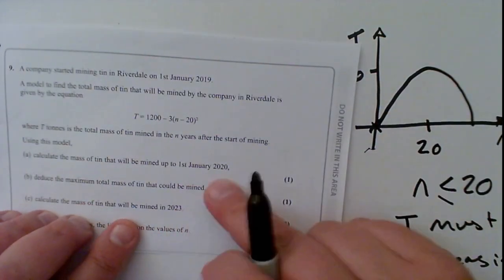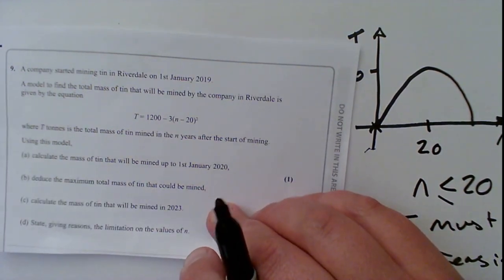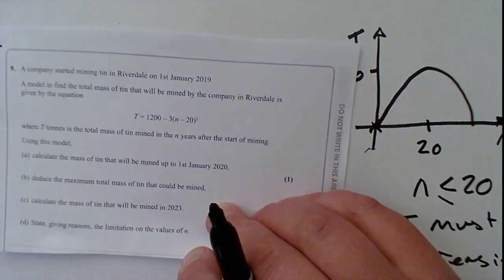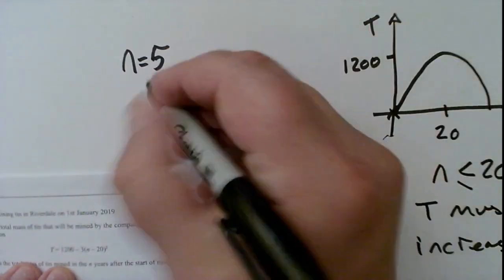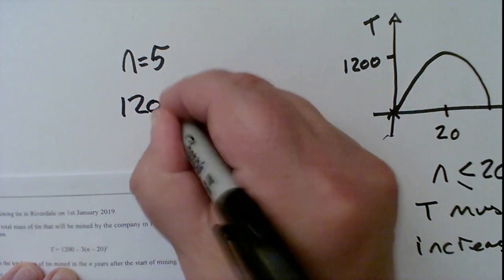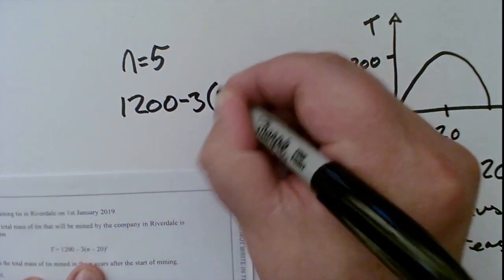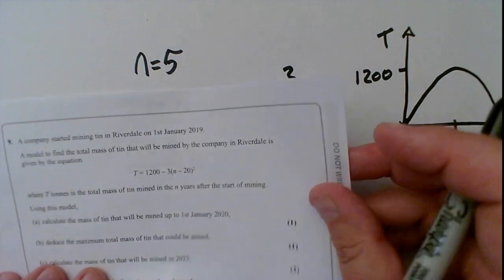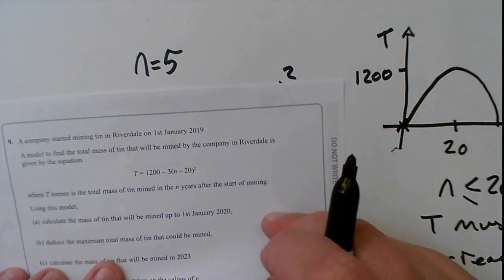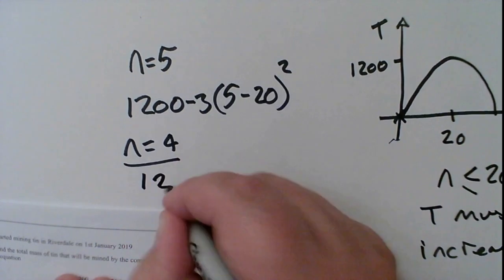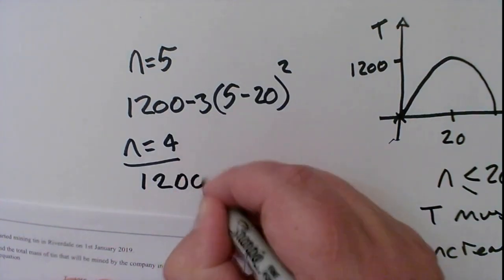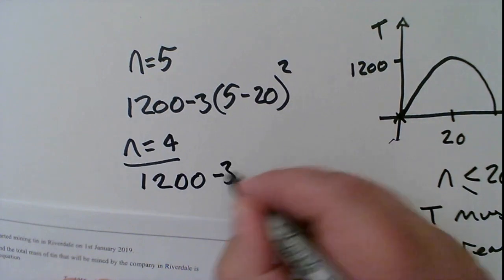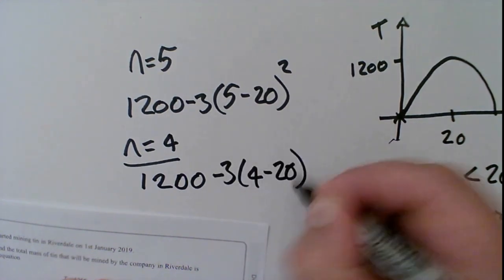You know, we're going to get very good mathematicians making a mess of this because of that reason. So we needed n equals 5, and doing that substitution gives us 1200 minus 3 times 5 minus 20 all squared, and then we also had to do n equals 4, in other words finding the end of 2022 and substituting that in: 1200 minus 3 times 4 minus 20 all squared, and then subtract the two away from each other.